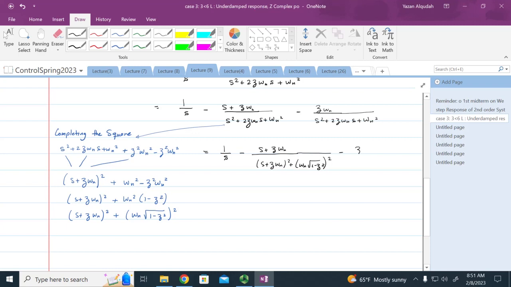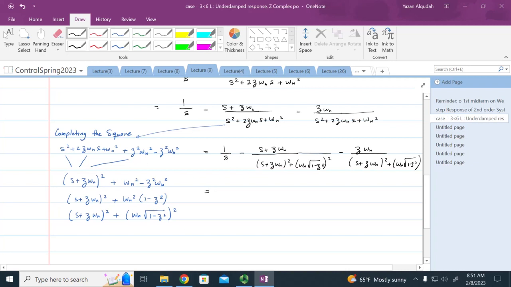And then minus zeta omega n divided by s plus zeta omega n squared plus omega n square root of 1 minus zeta squared, squared. Okay.